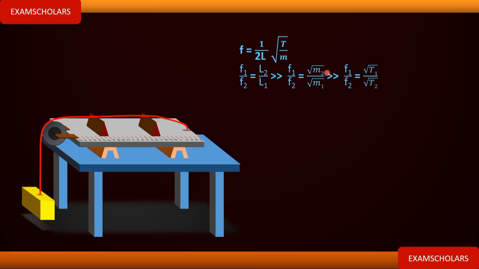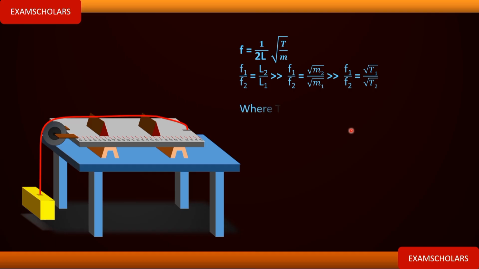Root M2 over root M1, if all other parameters are constant. Lastly, you can also have F1 over F2 is equal to root T1 over root T2. These are tricks for solving some questions very fast, depending on the nature of the question.